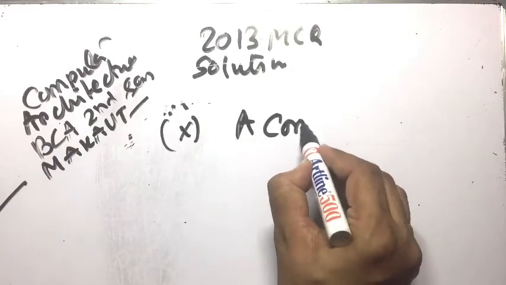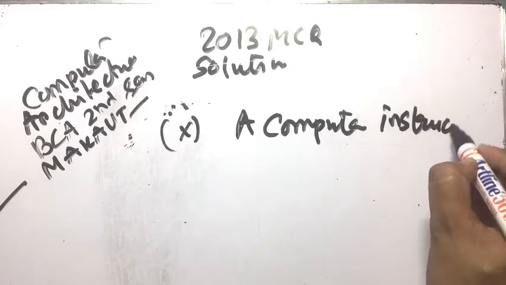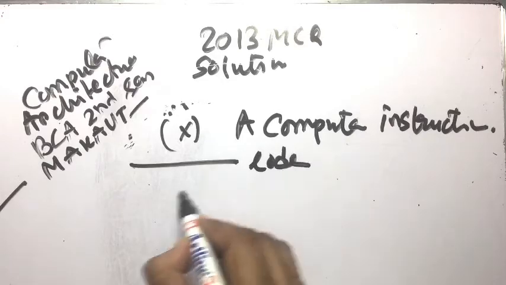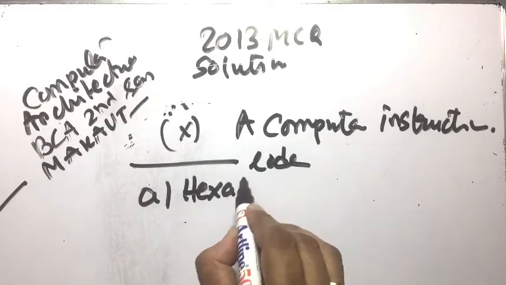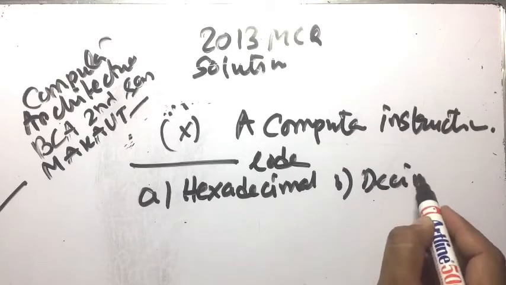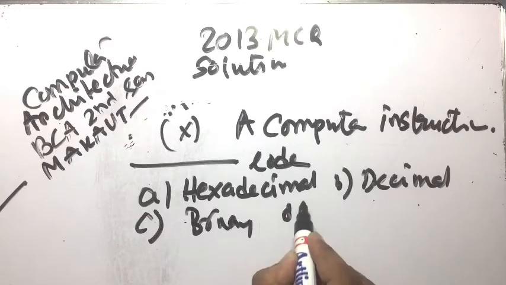Next question. A computer instruction is a code. Option A hexadecimal, option B decimal, option C binary, option D octal.